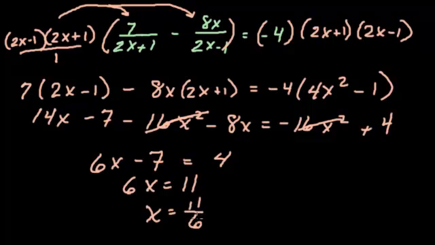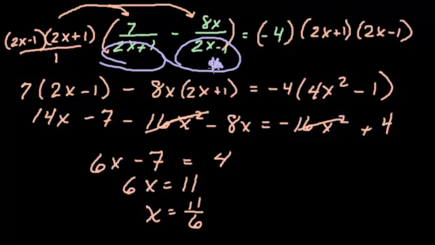One thing I do need to check, since I do have x's in the denominator in this case, right here, I have x's in this denominator. I do need to check to make sure that the answer I got doesn't leave me with a 0 in the denominator, because a 0 in the denominator is undefined. So I check this one right here.